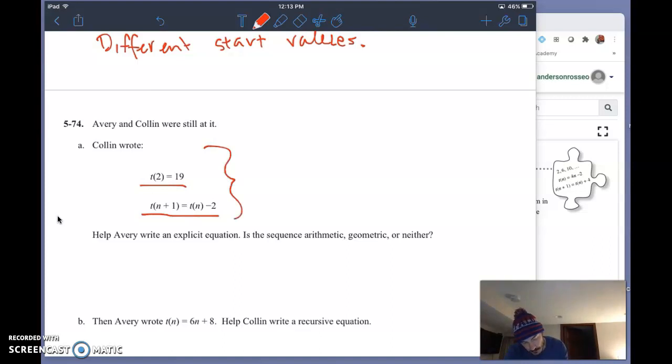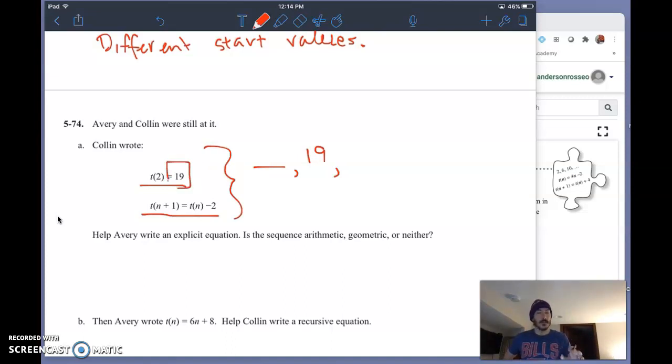I don't know the first term of this yet, but I do know the second term is 19. My bad, I made a mistake earlier. I get that information from right here.